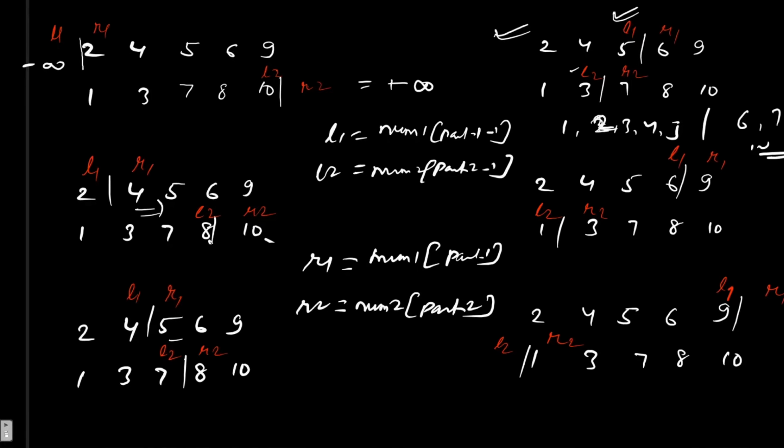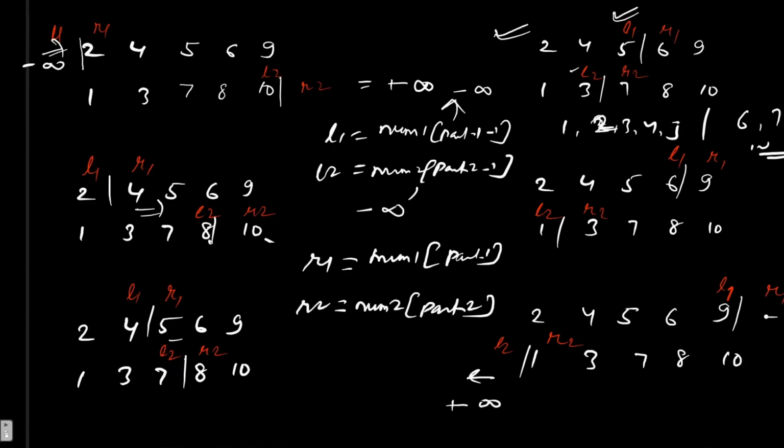But what if we are at an extreme position, like for this case? In this case, L1 is going to be minus infinity. How can you find this case? Whenever our partition value is equal to 0. In this case, it will be minus infinity. Similarly for this, it is going to be minus infinity, and for the extreme case, R1 is going to be plus infinity.